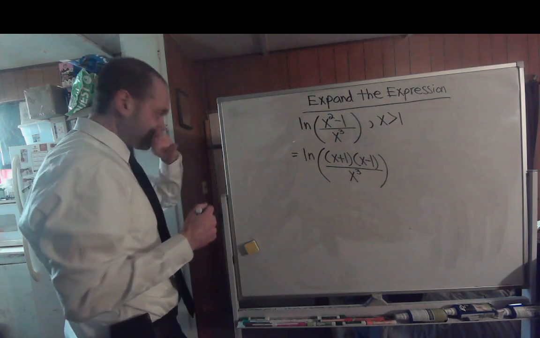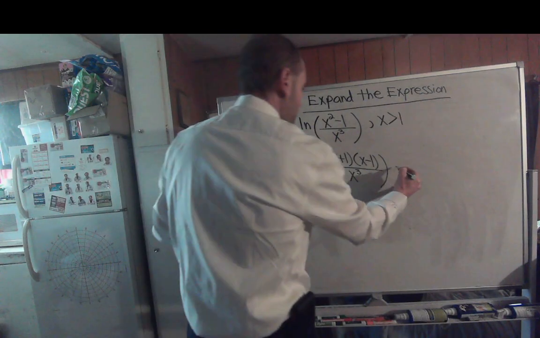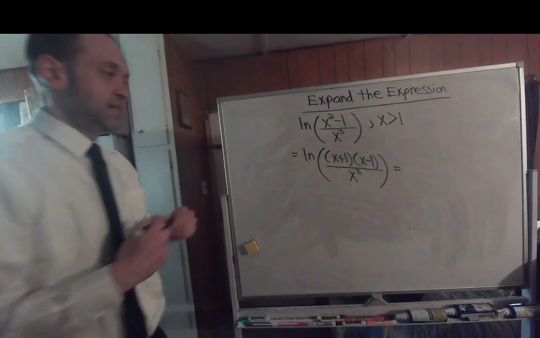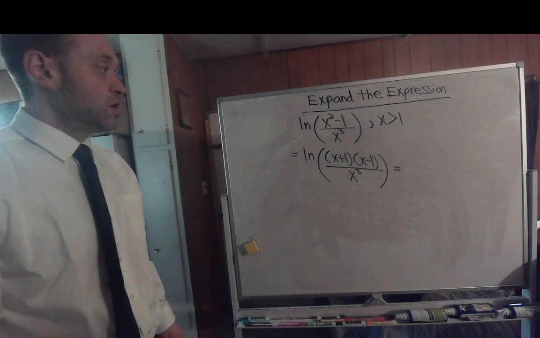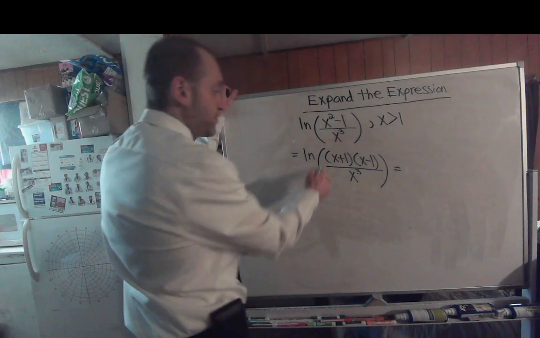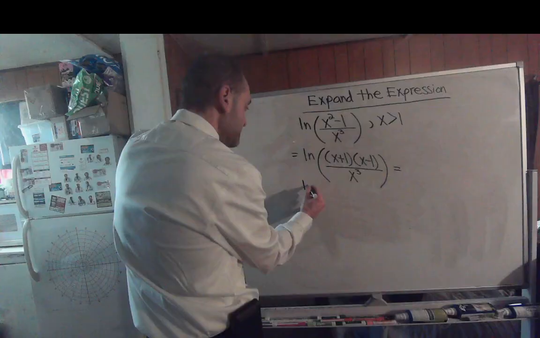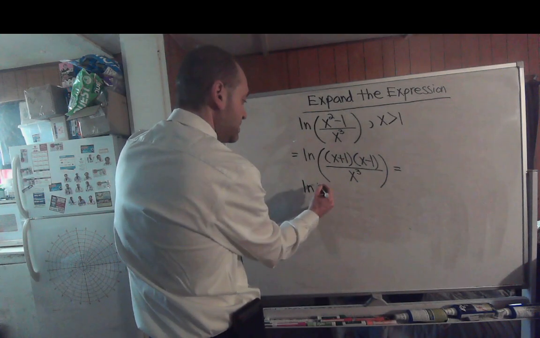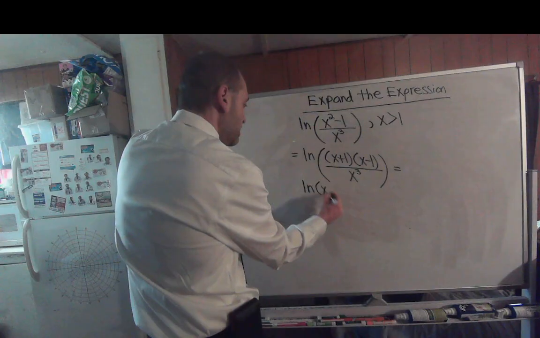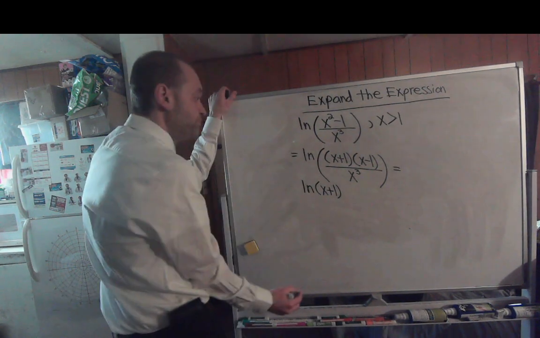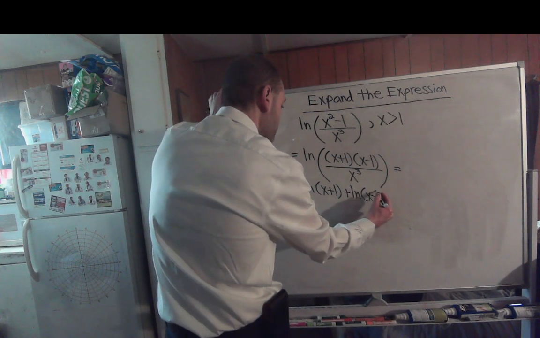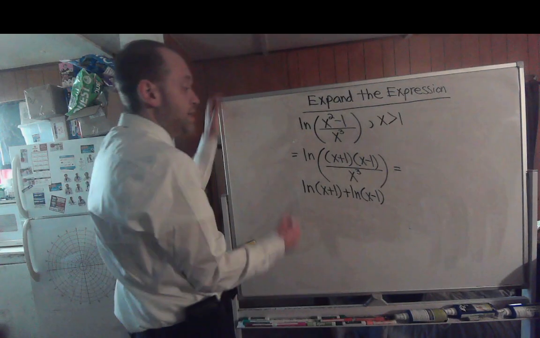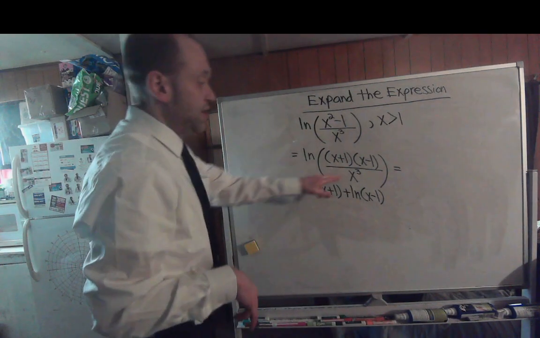Now, inside the parentheses, you have both a product and a quotient rule. Well, what does that mean? For your numerator, you can write this as the sum of two natural logs. This would be the natural log of x plus 1 plus the natural log of x minus 1. Now, you have a quotient.